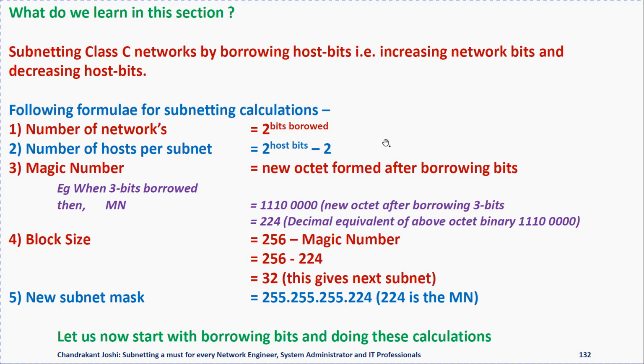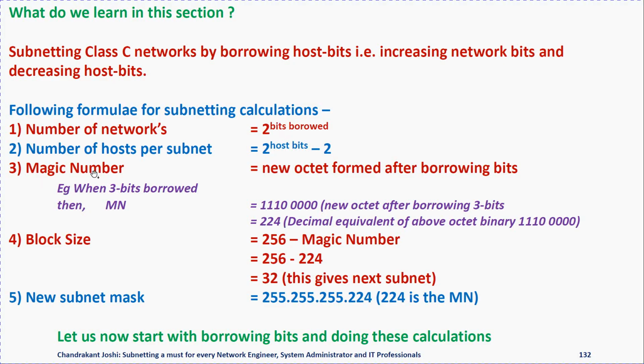If I borrow 1 bit, the number of host bits decreases by 1, whereas the number of network bits increases by 1. Whatever increases over here, the same decreases over here.